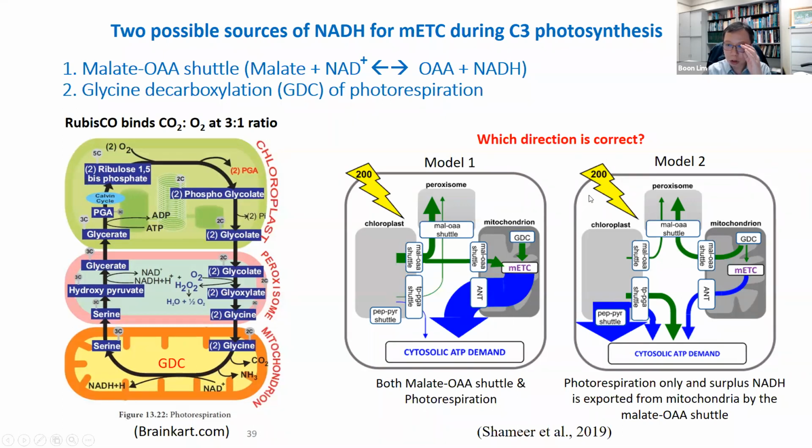So there are two models, and that was from a paper last year. You can see that in these two models, the direction of the malate-OAA shuttle is opposite. This is import into mitochondria. This is export from the mitochondria.